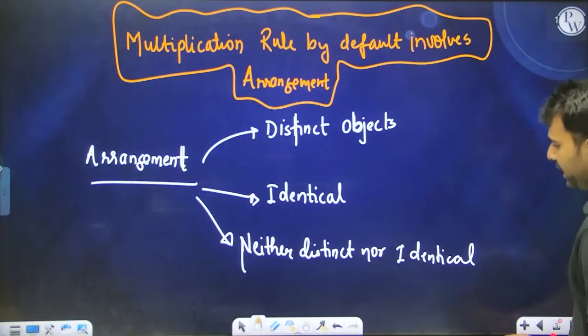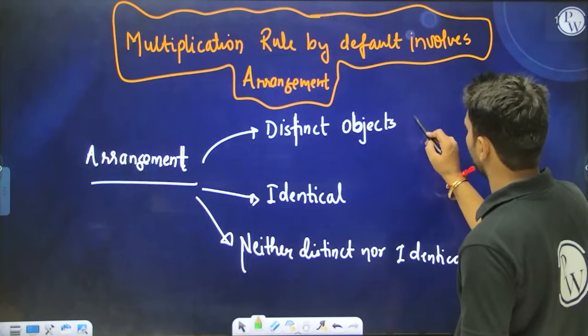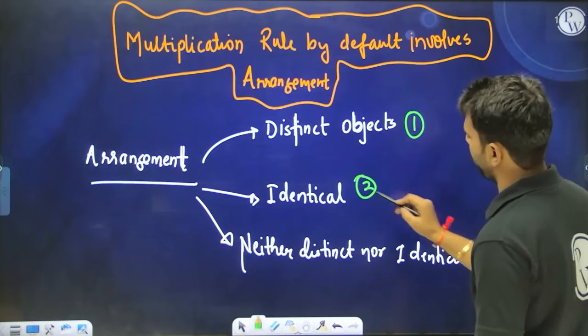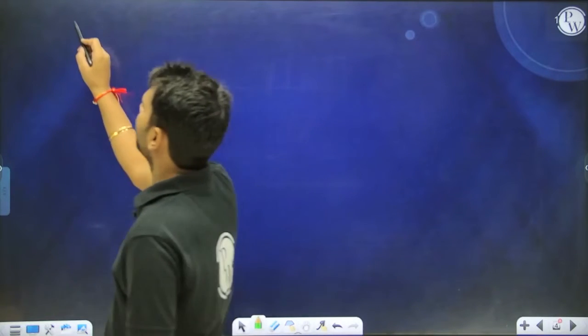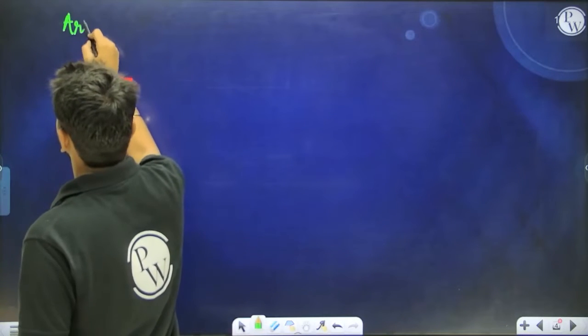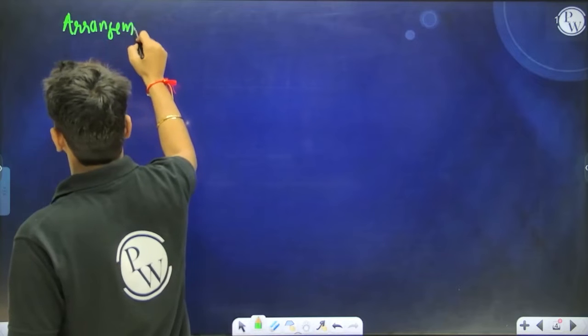Okay, yes, let's take these categories one by one. So first we're going to talk about this, then this, then this. So first let's deal with arrangement of distinct objects.